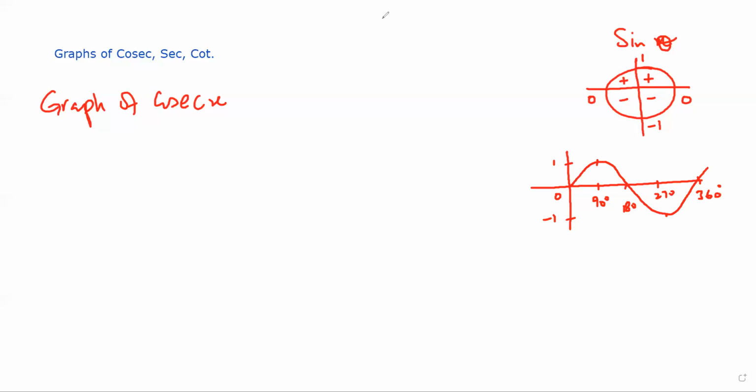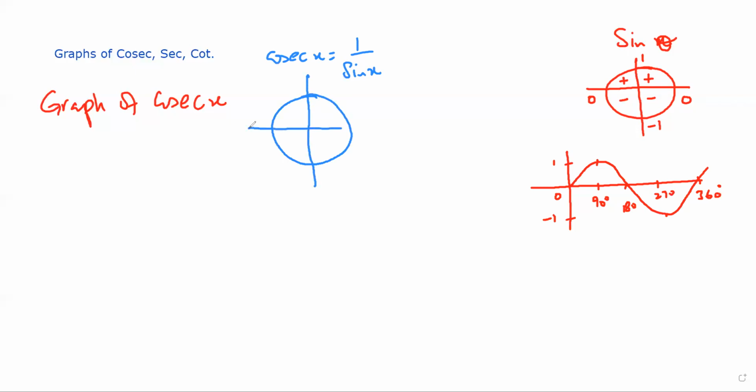If I have to draw the graph of cosecant x, the first thing I need to realize is that cosecant x is clearly 1 over sine x. So rather than learning cosecant x from scratch, if we just go onto the values for sine theta, you will see how you get the critical values for cosecant x.